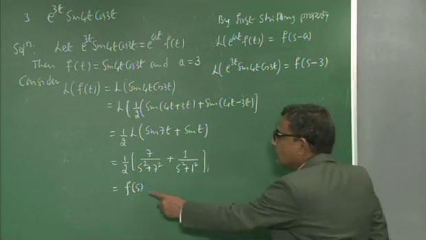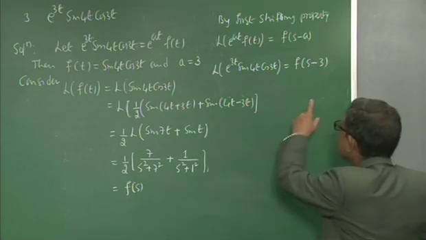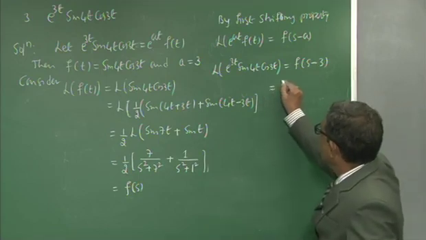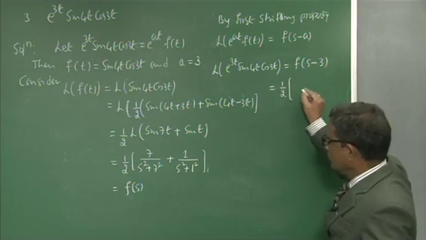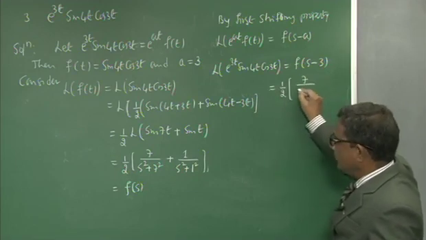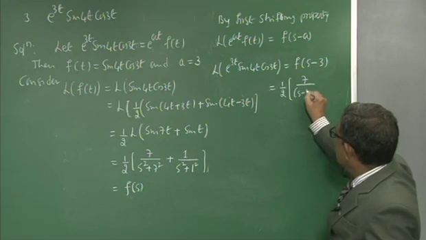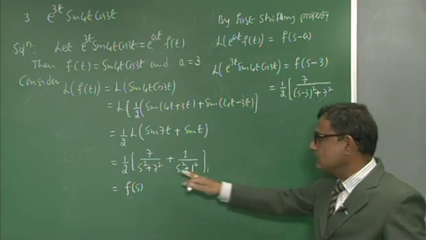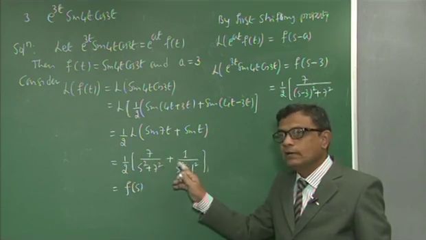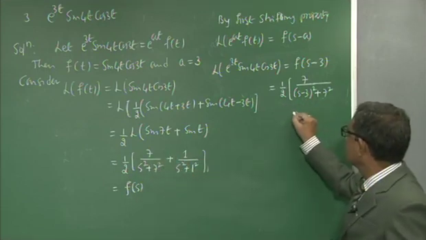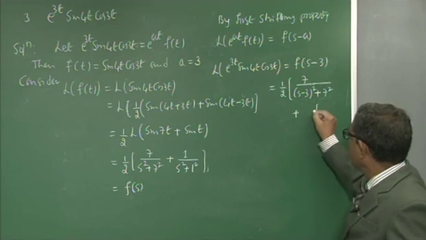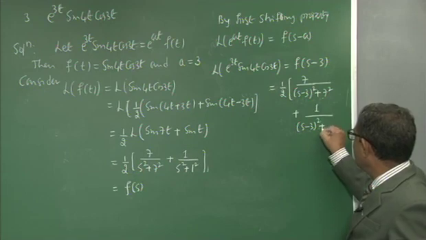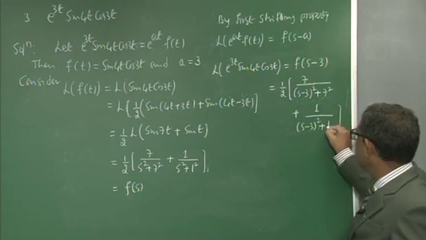Now, this is your F of s. Now, s changes to s minus 3. How will you write? This is equal to 1 by 2 into 7 divided by s minus 3 whole square plus 7 square. This is for the first term. For the second term, plus 1 divided by s minus 3 whole square plus 1. 1 square is 1.